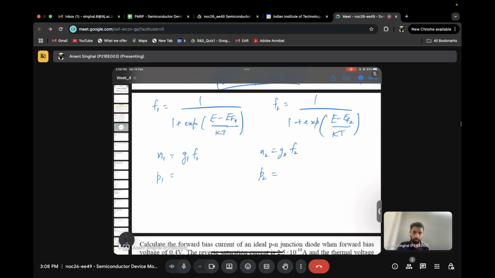Because if you remember in the last class, F1 is the probability of the electrons occupying a certain energy level E, and we established that the probability for holes is 1 minus F1. So it would be G1 times 1 minus F1, because the total probability is always 1. Similarly, P2 is G2 times 1 minus F2.